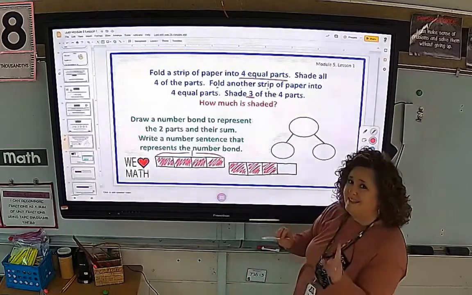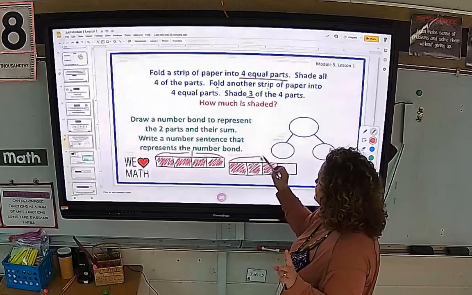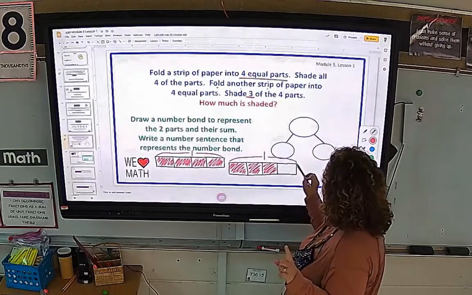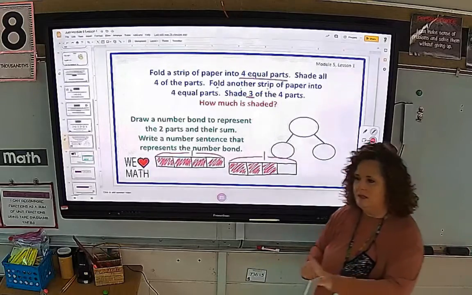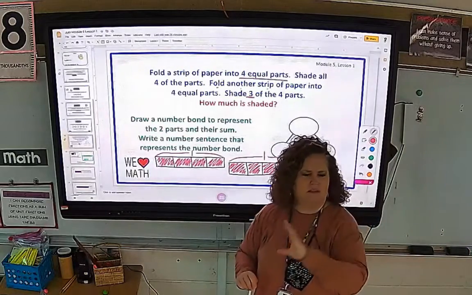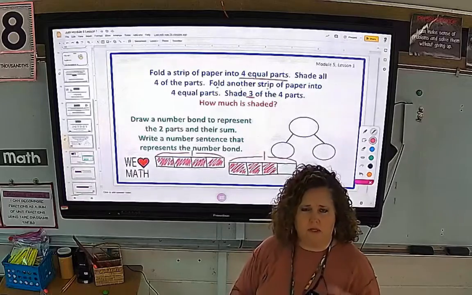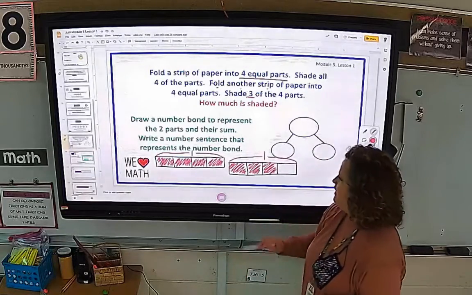But guys, still, this whole thing is one whole, even though that one is not shaded. Don't get tricked by this. This sometimes tricks folks.